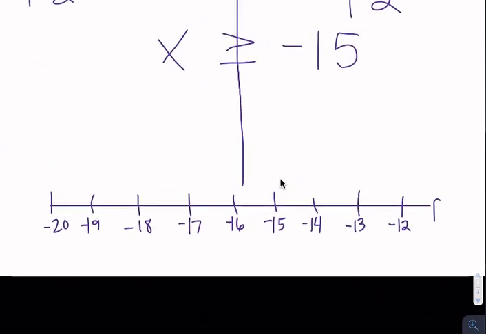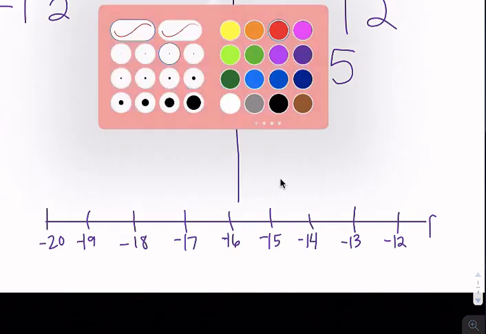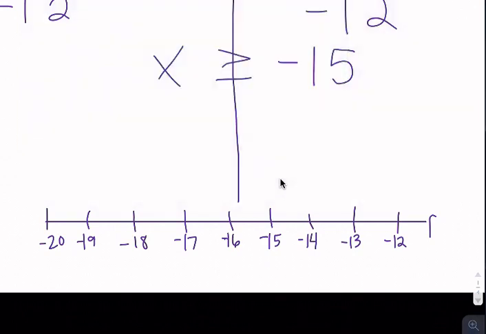Okay, so here's my number line. And I want all the numbers that are bigger or equal to negative 15. So greater than or equal to negative 15.